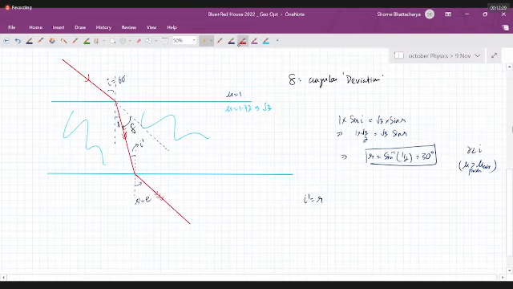So this time you can see that the deviation is going to be this. Let's produce this ray forward. If I produce this ray forward again, you can see that there is a deviation delta prime like this now.